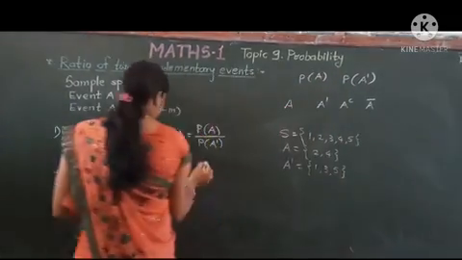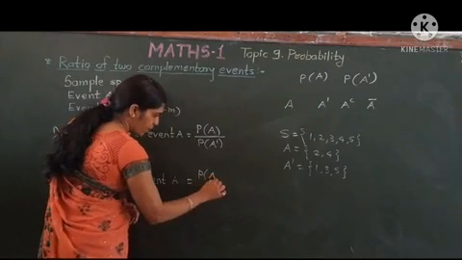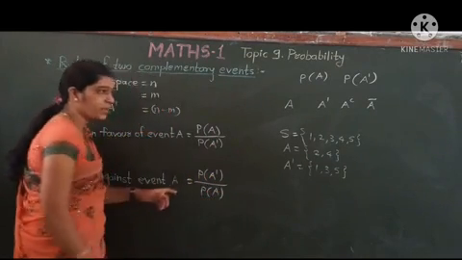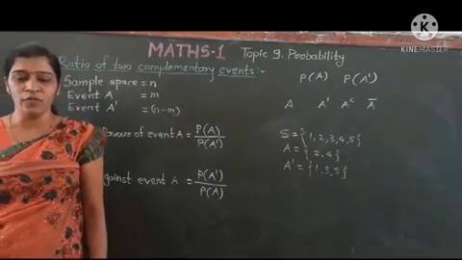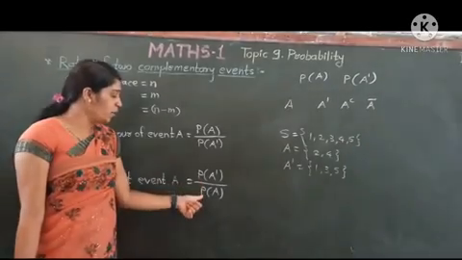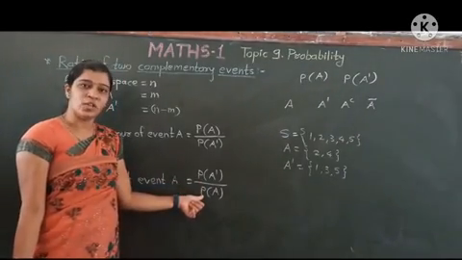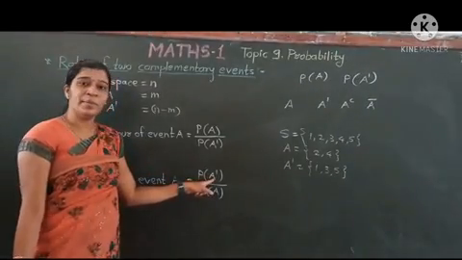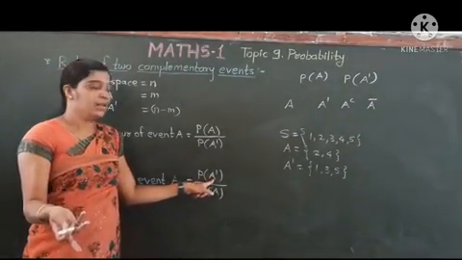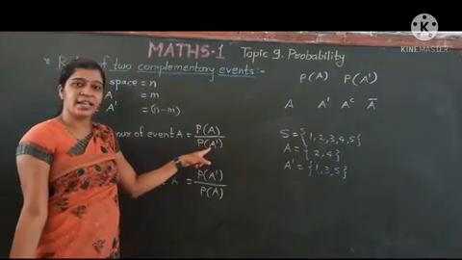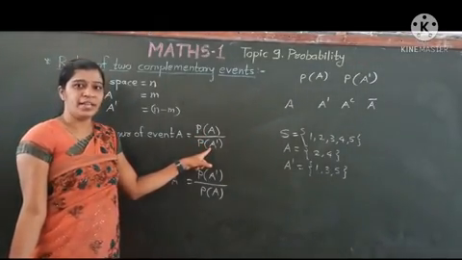Means we write here P of A dash upon P of A. It is the ratio of number of unfavorable cases of A upon number of favorable cases of A. A is favorable cases, and A complement is unfavorable cases.